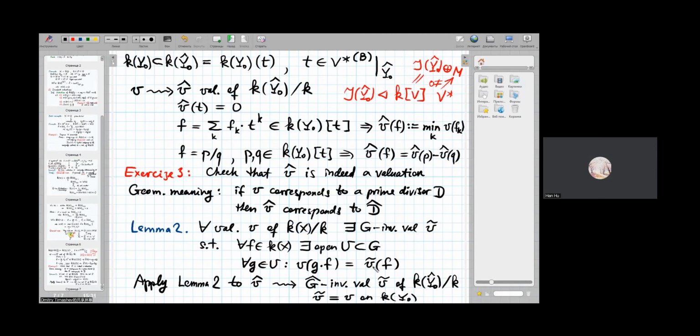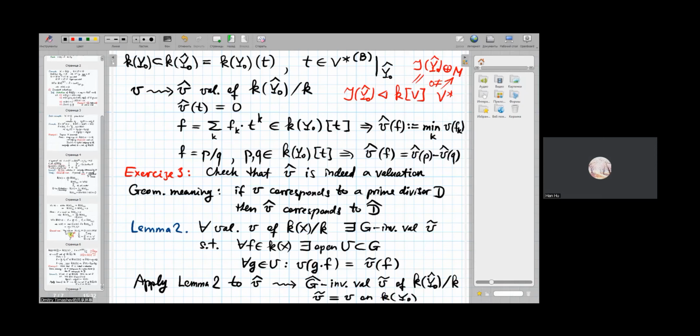So V coincides with V tilde on all functions of this form for almost all elements g, all except for a smaller closed subset. And when you restrict V hat to this smaller field Y naught, then you get your initial valuation V, which is G invariant.